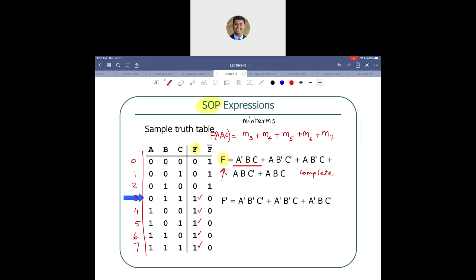All right, so let me write this expression in a few other forms: a summation of minterms 3, 4, 5, 6, 7.